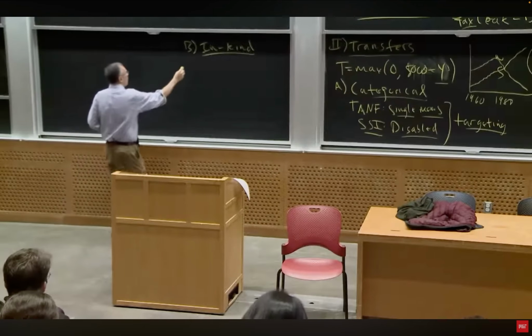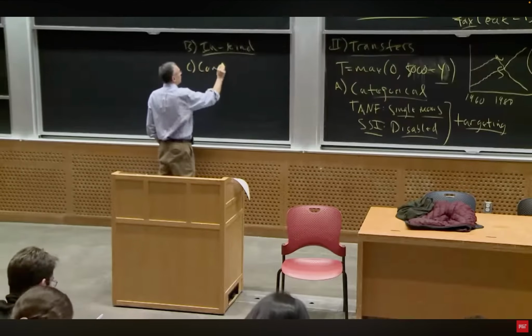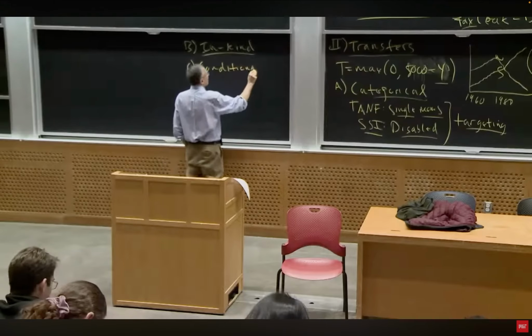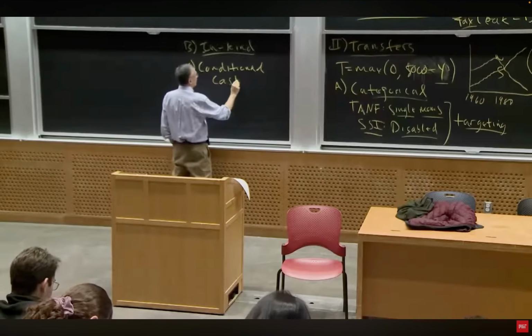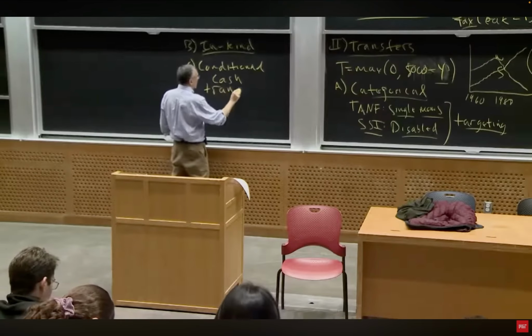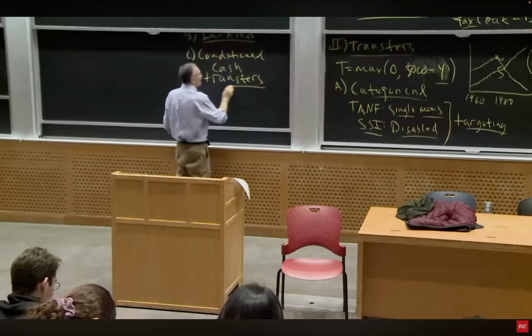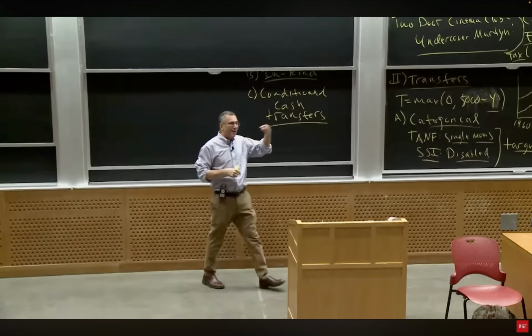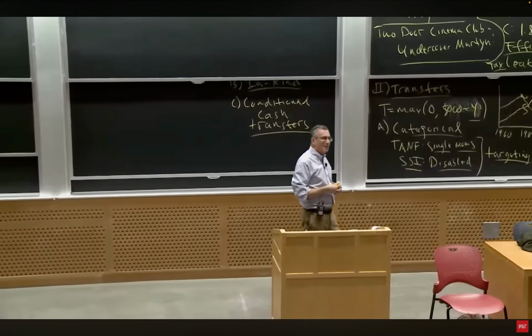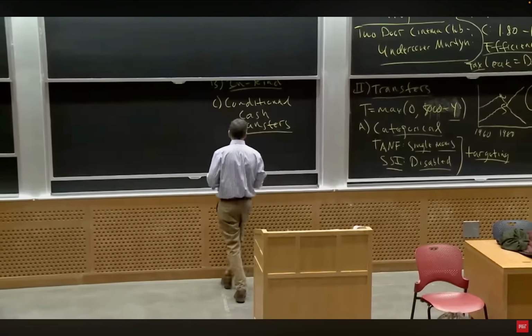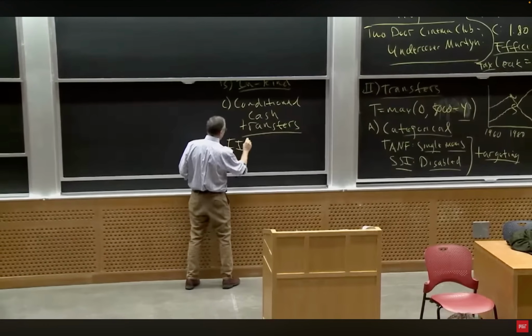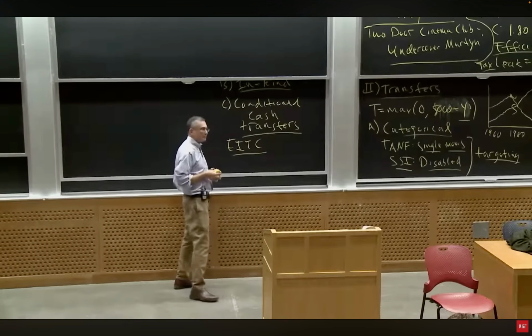And that's what we call conditional cash transfers, which is money we give to people conditional on them doing efficient activities. The classic example in the US is called the Earned Income Tax Credit.